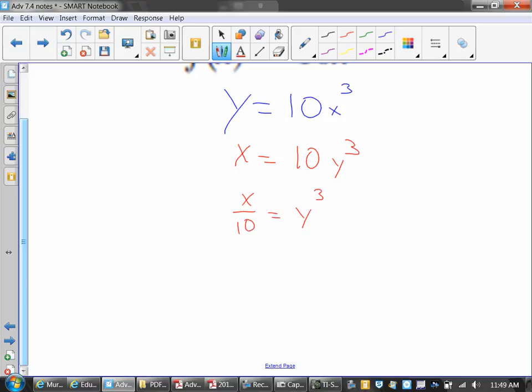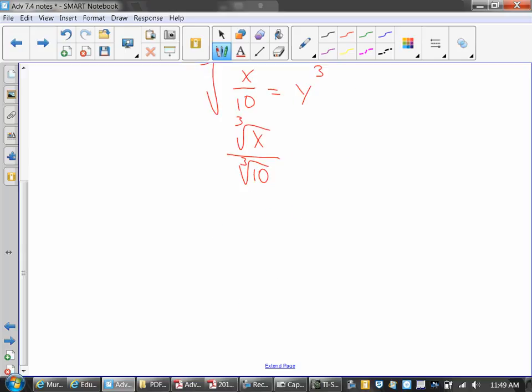How do you undo cubing? The cube root. Now remember, does it like to have cube roots in the denominator? No. So what would I have to multiply it by to turn it into a perfect cube?